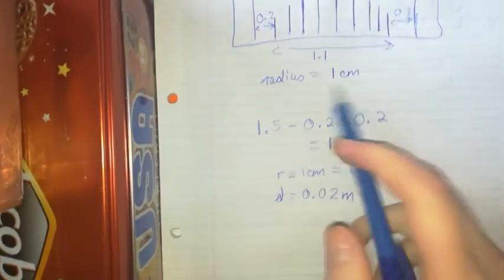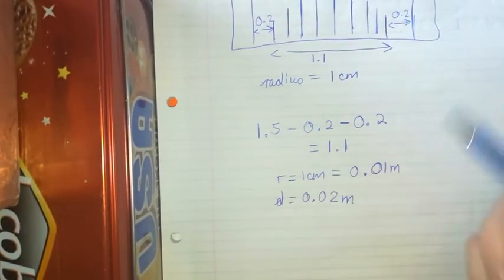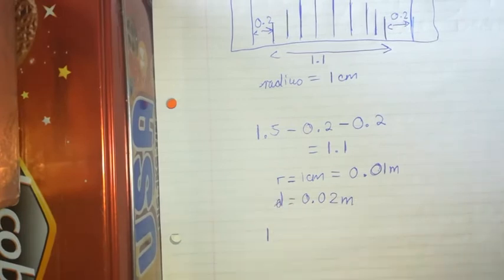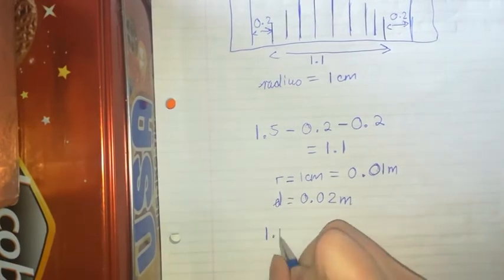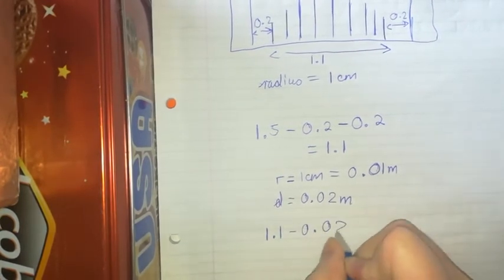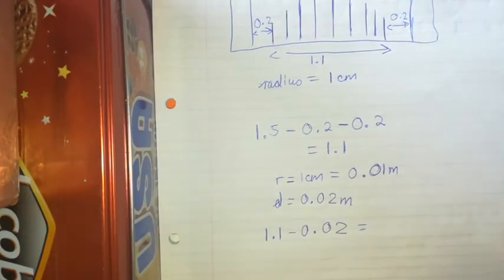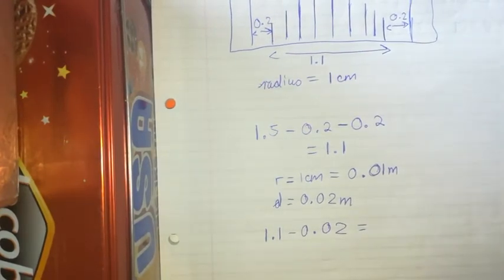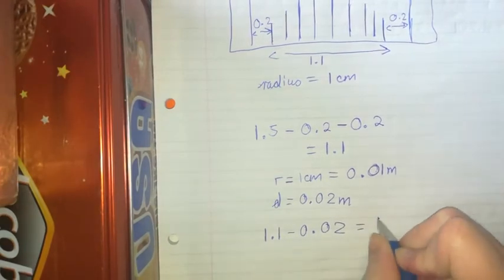The whole length across here is 1.1, but the actual bars take up 0.02. So I'm going to subtract that to find the size of each of the gaps, and then divide by the number of gaps.